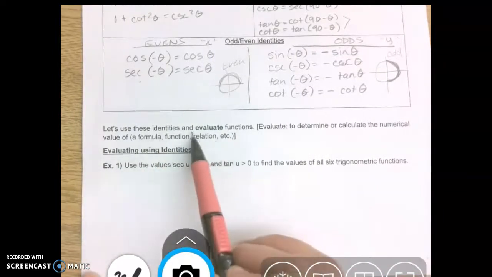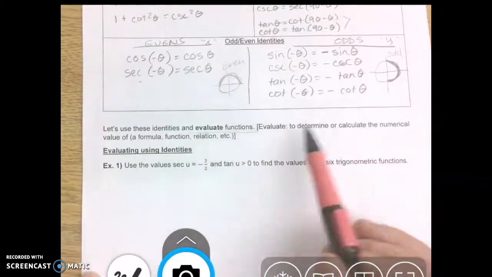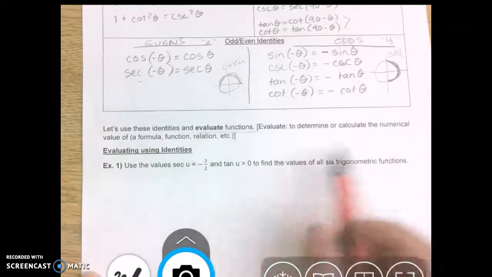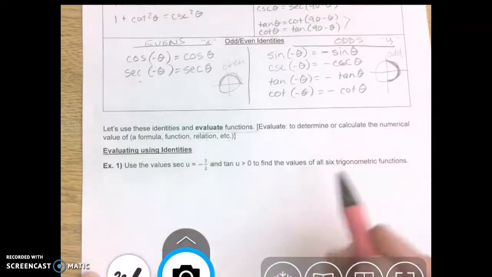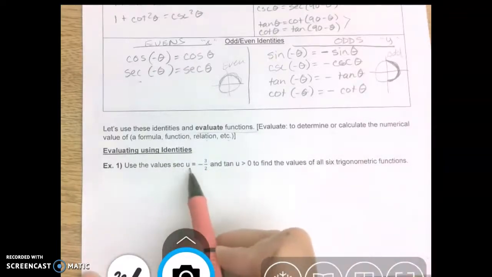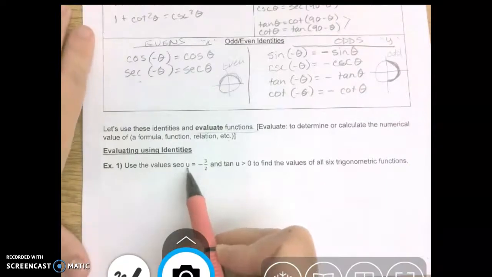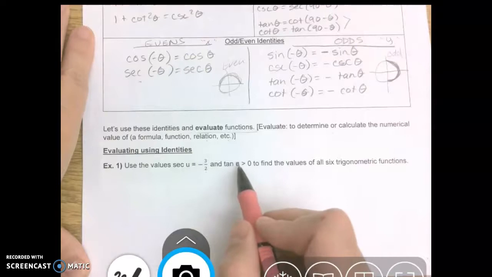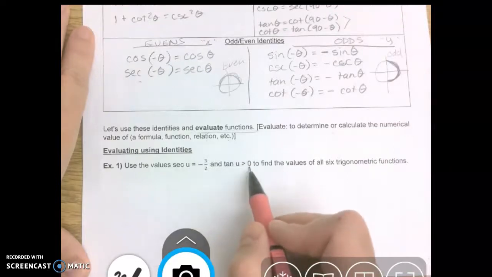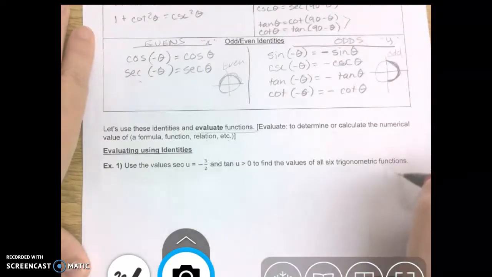Using identities, we're going to evaluate functions or get values, determine or calculate the numerical value of a formula, function, relation, etc. So if I know that the secant of this angle u is -3/2, and I know that the tangent of that very same angle is greater than 0, then I can kind of think about where's this located.